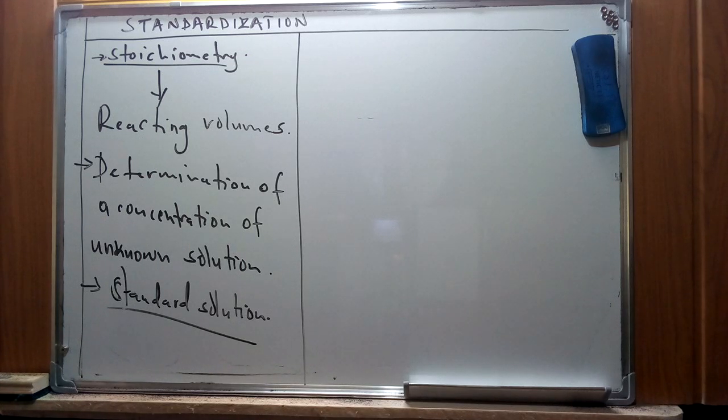In this case, a solution whose concentration is known, which I've referred to as a standard solution, is going to be reacted with another solution whose concentration is unknown, and this will lead to the stoichiometric relationship that I've already mentioned.